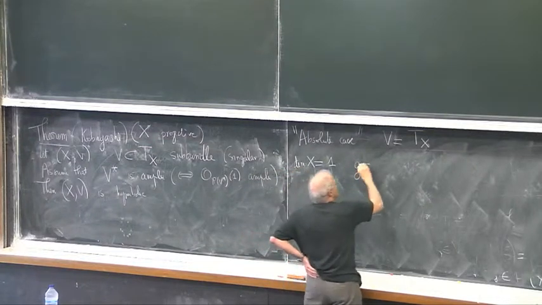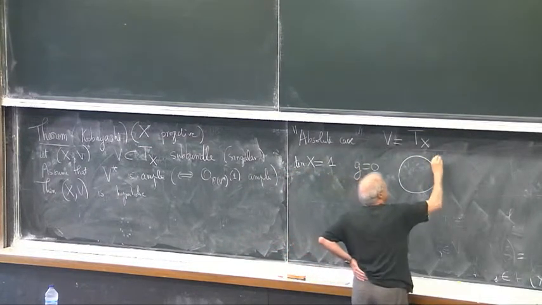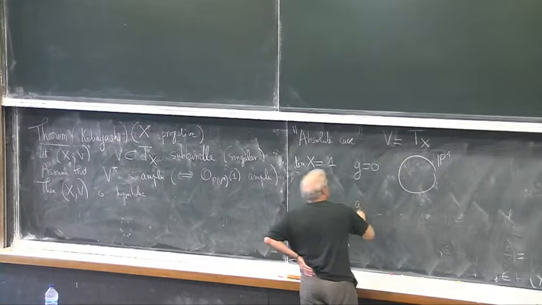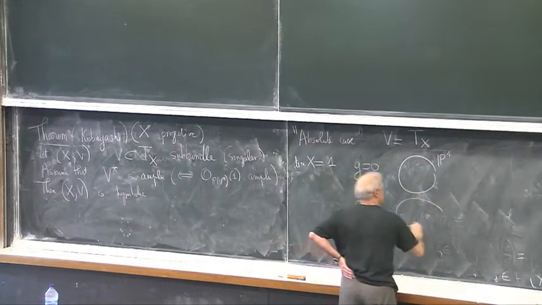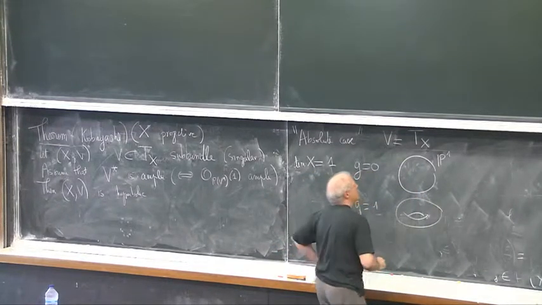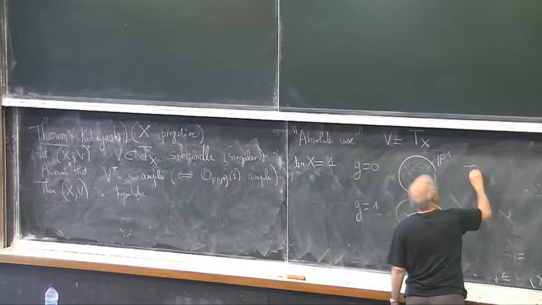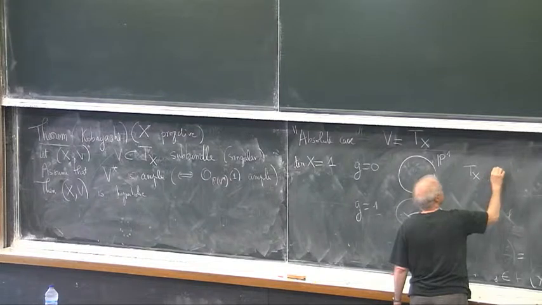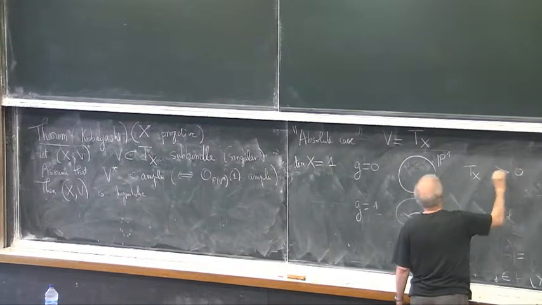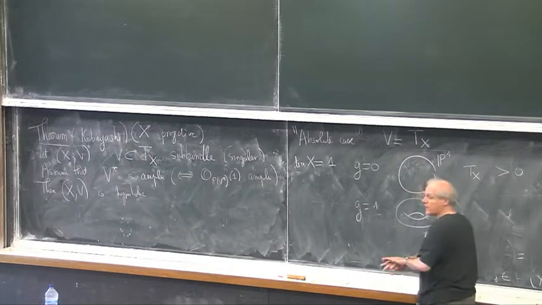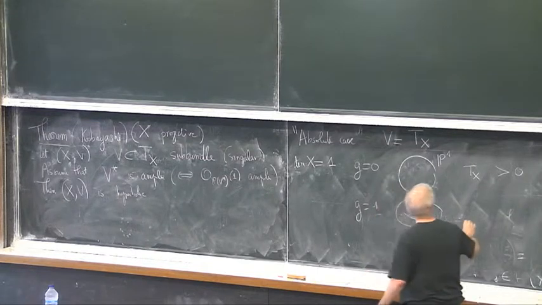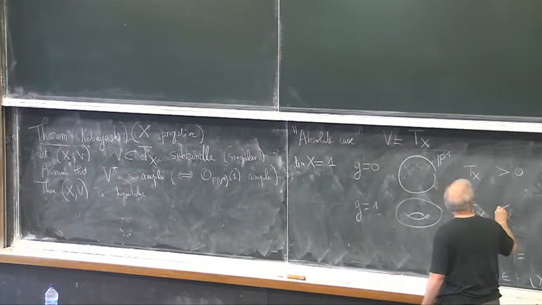The genus is 0, then you have P1. Genus 1, then you have elliptic curves. Then in that case, well, the tangent bundle has positive curvature. Here it's flat, so it's trivial.